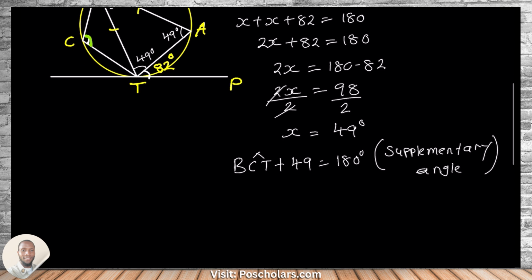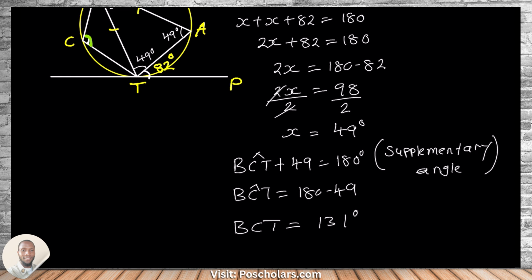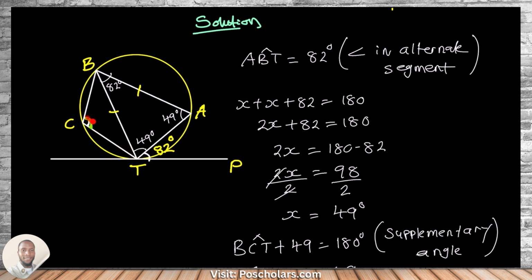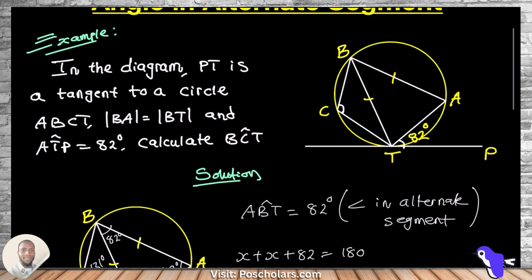Now next, subtract 49 from both sides, then you have BCT is equal to 180 minus 49. Finally, BCT is equal to 180 minus 49, which gives 131 degrees. And that's our final answer. You see, BCT is 131 degrees. And we have answered the question, which says find BCT.